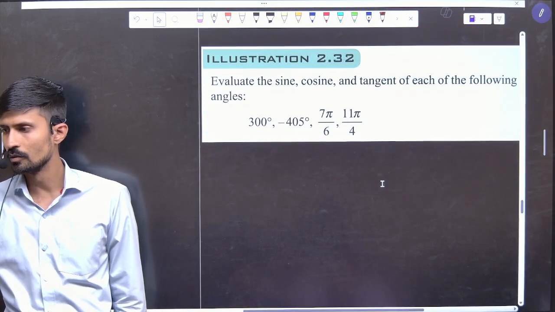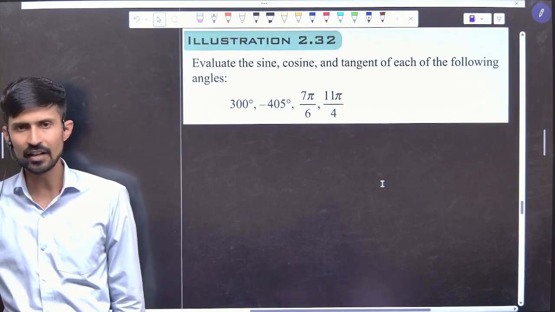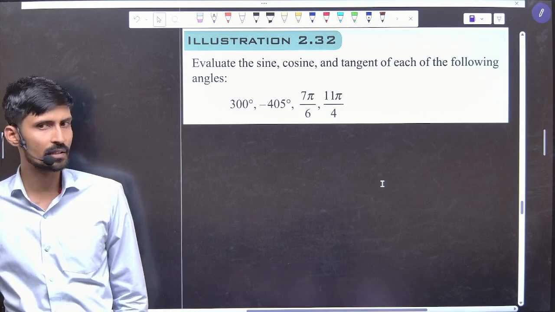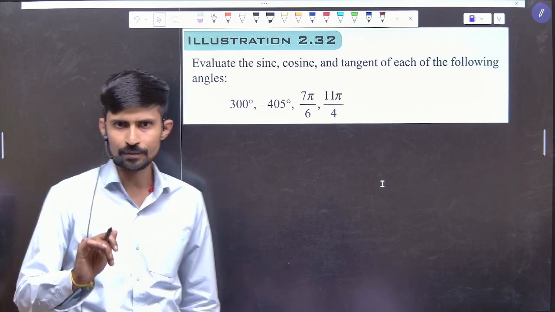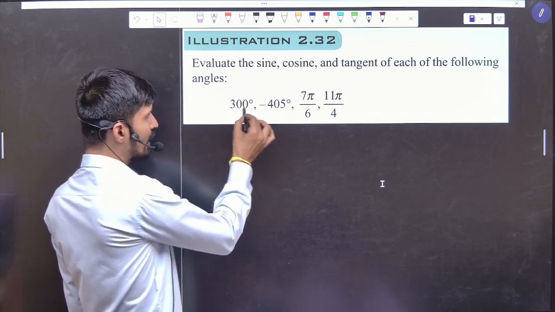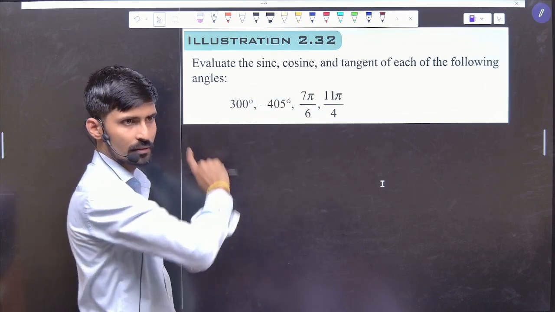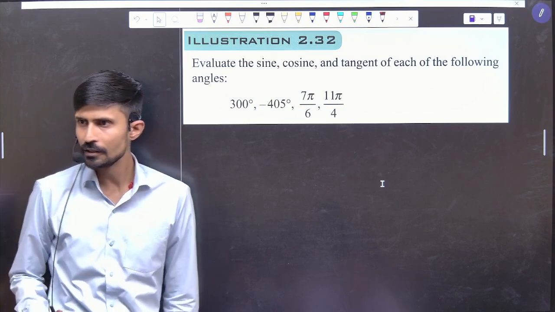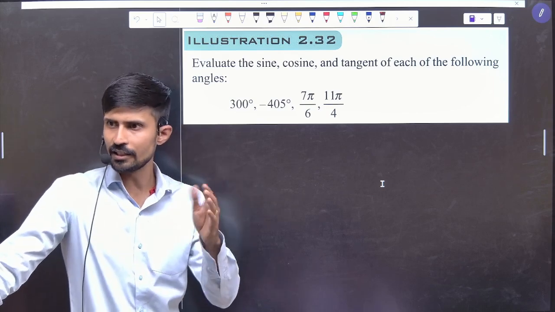Okay, now question is evaluate. See this. We have to find sine, cos, tan for all these angles. Do you remember, if any angle is greater than 360 degree, what will we do?